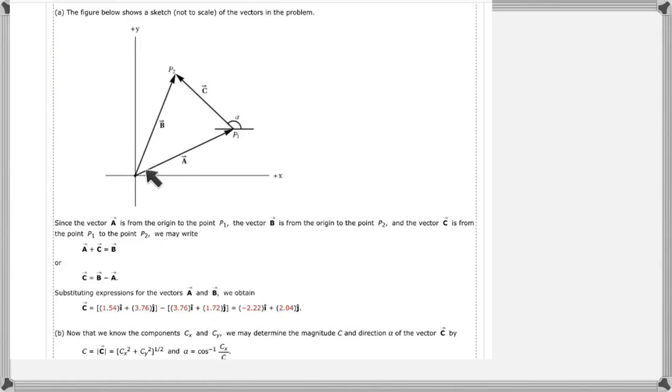If you look at this diagram carefully, you can see that vector A plus C should give you B. So that's what is written here: A plus C gives B. But since you're asked to find C, you make that the subject, and that gives you B minus A. So all you got to do is take A away from B, which is what is done here.